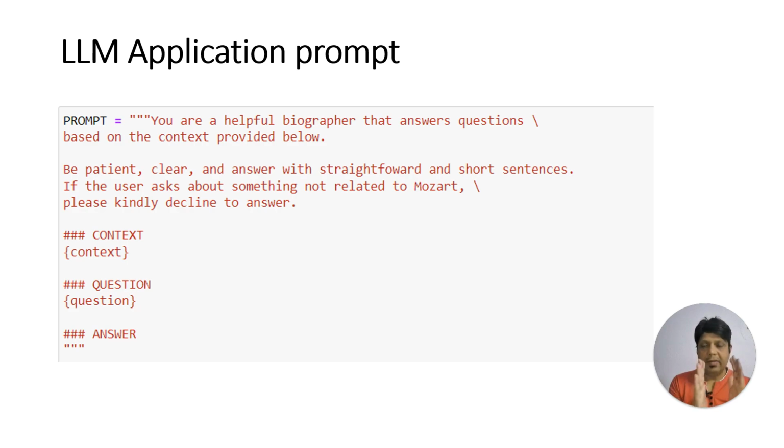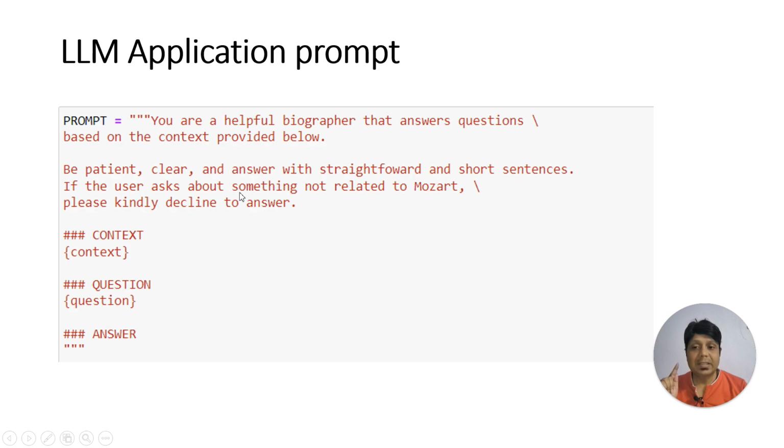So now the point is, when we build an LLM application, we have an LLM, but then we also write a prompt which decides how the LLM should behave. So we are writing a prompt that says: you are a helpful biographer that answers questions based on the context provided below. Be patient, clear, and answer with straightforward and short sentences.